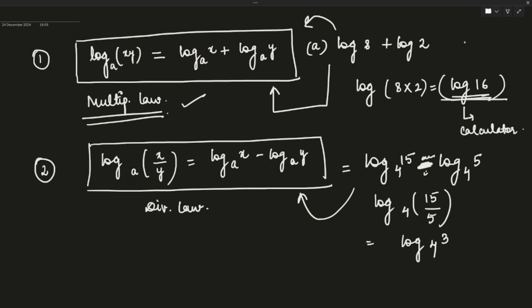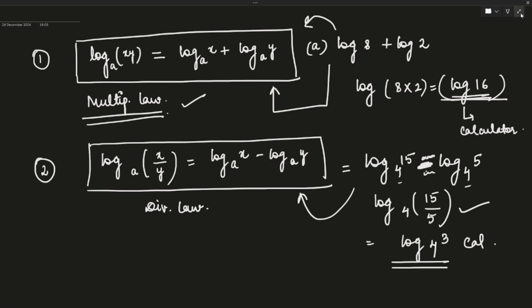It's written wrong. So log of 15 to the base 4 minus log of 5 to the base 4. When we apply the division law in this, it will become log of 15 divided by 5 to the base of 4. Okay. Two logs are subtracted with the same base, then we get this expression. If you're asked to simplify it, you'll just leave it like this. And if you're asked to write the answer up to 2 or 3 significant figures, then we'll use your calculator. Okay. So this is your division law.